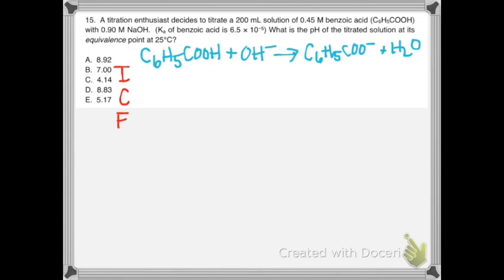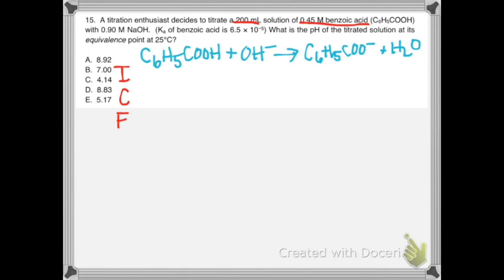Okay, so I'm not going to show the calculation, but we know how many moles of the benzoic acid we have because they give us volume and concentration. And they tell us that we're going to add as much NaOH as it takes to get to the equivalence point.